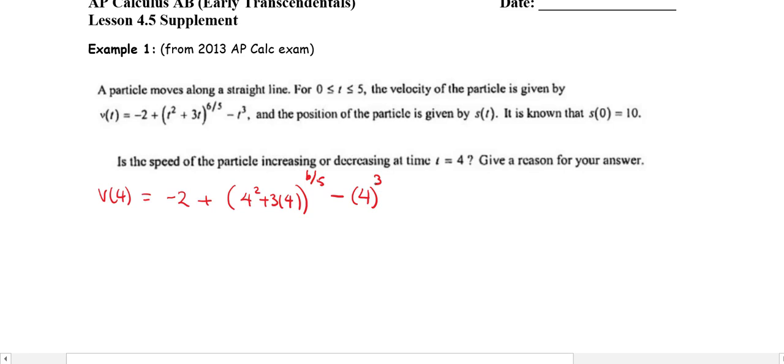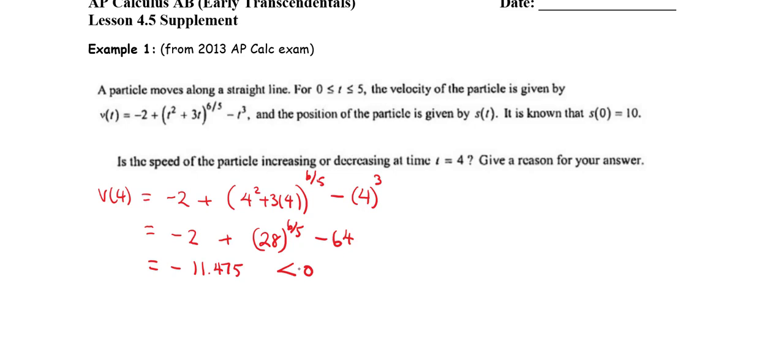Oh boy, -2 plus 28 to the power of 6 over 5. Wow, better use a calculator for that one. I think, regardless, the answer is negative, but if you want a number, I got here 11.475. Definitely less than 0, so velocity is negative. Good. Is that enough to determine if the speed is increasing or decreasing?